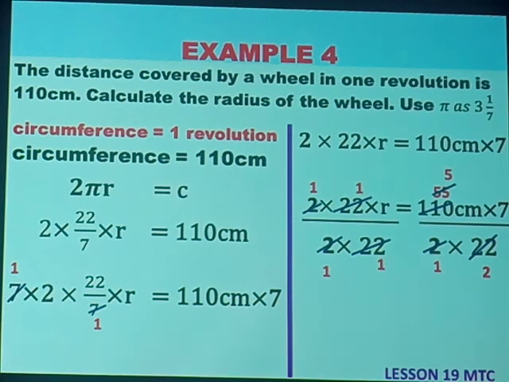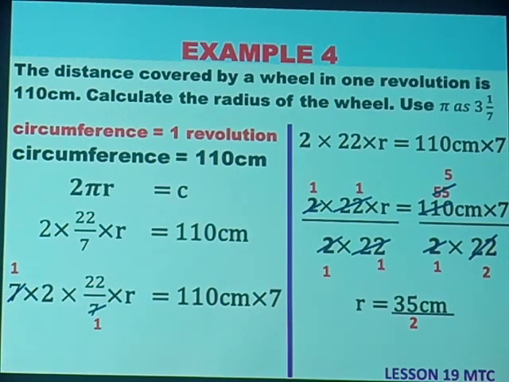So we shall have 1 times r, which gives us r being equal to 5 centimeters times 7, which is 35 centimeters, but out of the denominator, which is 2.